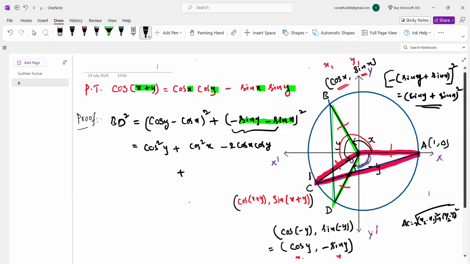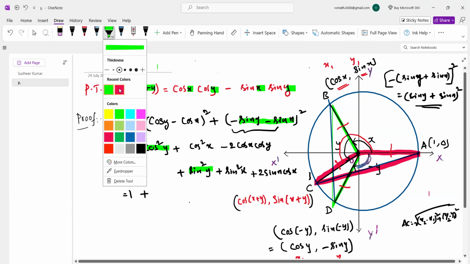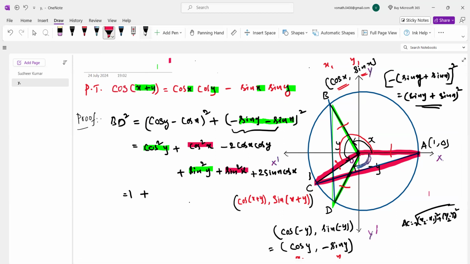So we can write this value as sin square y plus sin square x plus 2 sin x sin y. Now cos square y plus sin square y is 1. So this is 1 plus, cos square x plus sin square x is also 1.